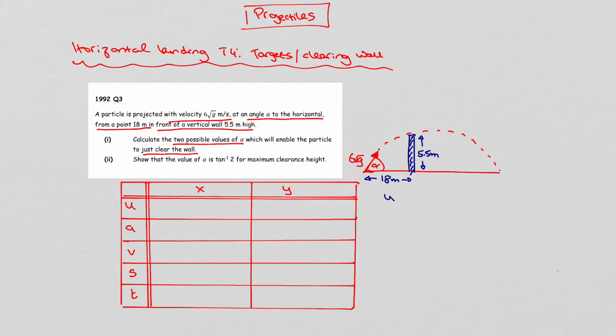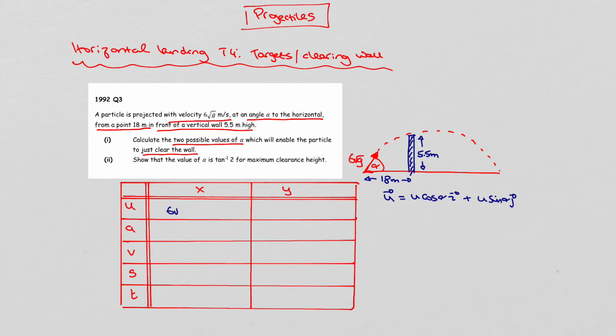Our initial velocity is always written as u cos alpha in the i direction and u sin alpha in the j direction. So if we're filling in u, u is 6 root g cos alpha, since we don't know what alpha is. In the y direction it's 6 root g sin alpha.